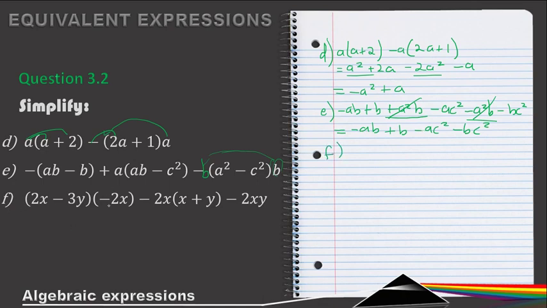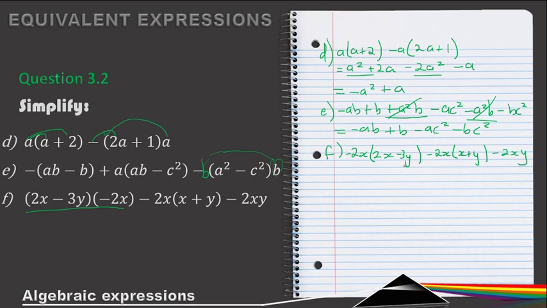Okay, right, so this guy belongs to this term. So multiplying that in, let's just rewrite that then. Minus 2x, minus 3y, minus 2x, x plus y, and minus 2xy.